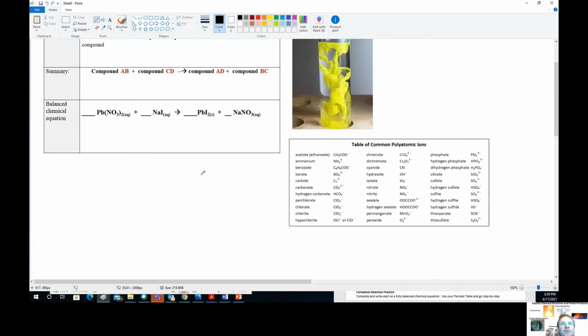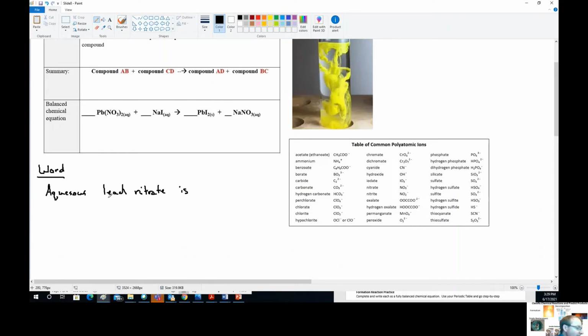Let's write the words for this. Write this with me, because you could be given these words and then you have to write the equation or balance it at least. So aqueous means it's dissolved in water. It's a solution. Aqueous lead nitrate, most common form of lead, because you're looking at lead. Remember, it's multivalent.